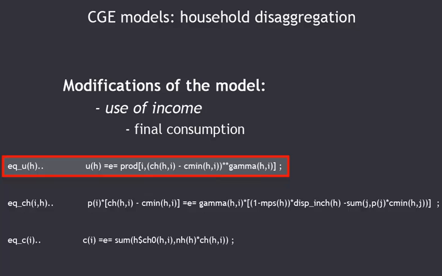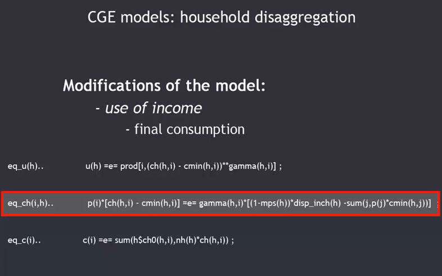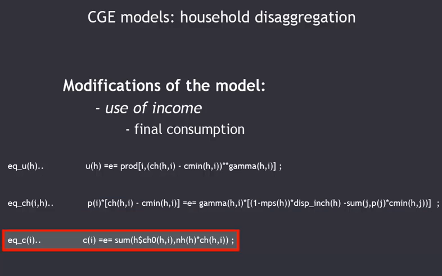It is the equation U defined over H, which has the same structure as in the last program, but applied at the household level of category H. If this utility is maximized under budgetary constraints, you obtain the demand given by the equation EQ_CH defined over I and H. Finally, the equation EQ_C defined over I defines the total consumption of good I. It is expressed as the sum of the demand of each category of households.